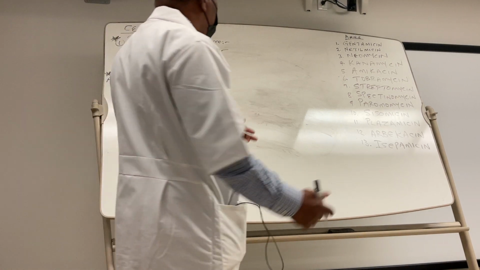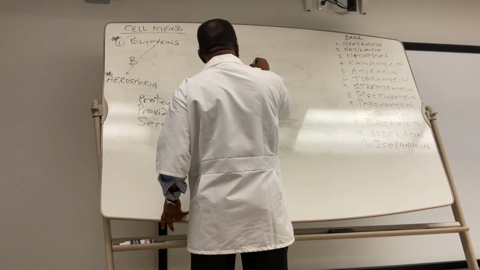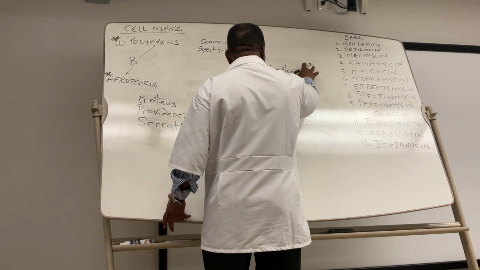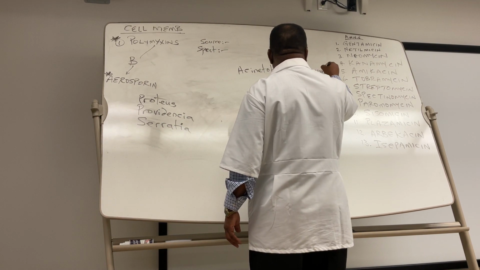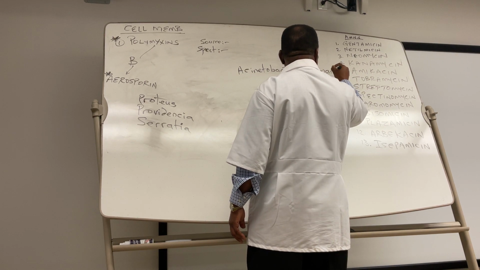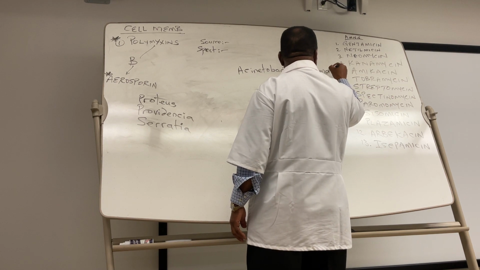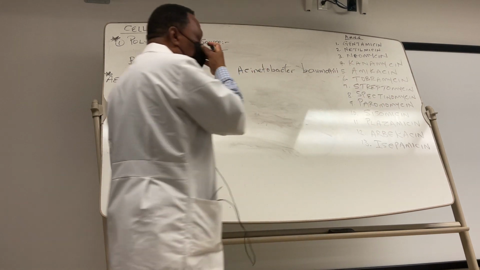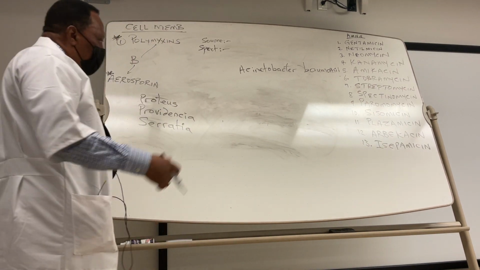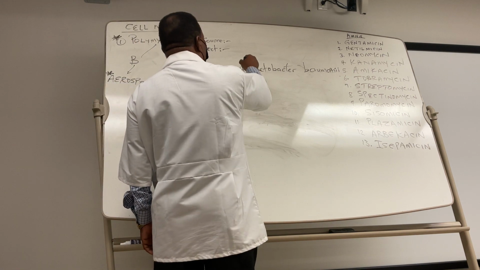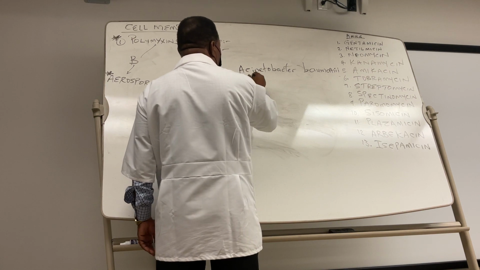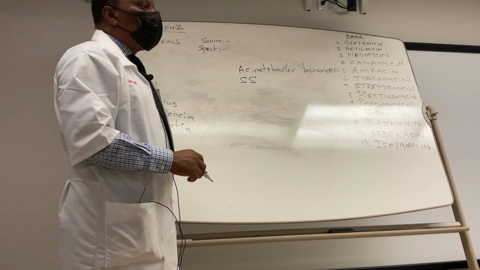More specifically, we know that it is very good against Acinetobacter, especially the baumannii. So another N there, double N. Acinetobacter baumannii. And it is also effective against your Salmonella and Shigella. Okay.